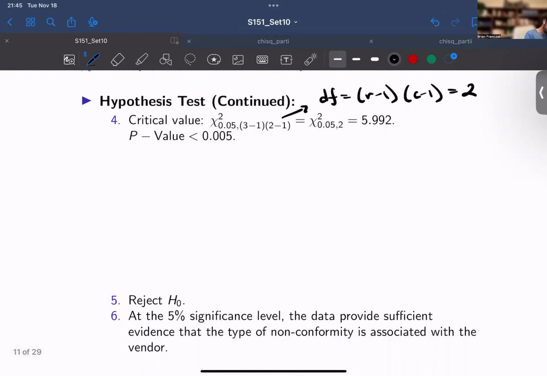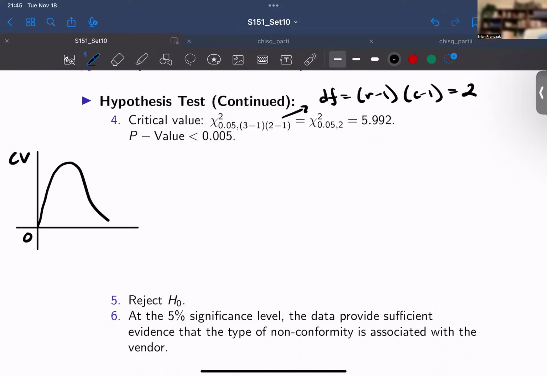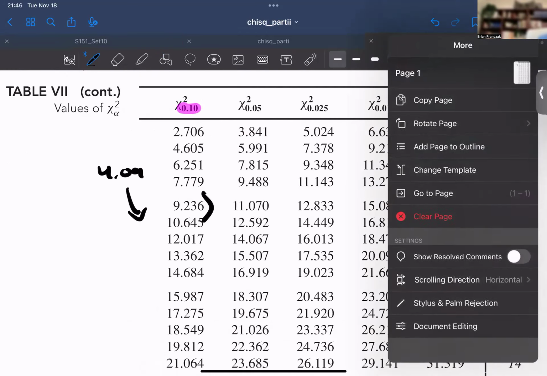All right, so now we have our choice, so we can take a critical value approach. Right, so we're working with our chi-square curve here. Okay, so we have our right skewed curve. Our chi-square value, the critical value, is going to be on 0.05, and 2 degrees of freedom in this case. So we go to our chi-square table, right?